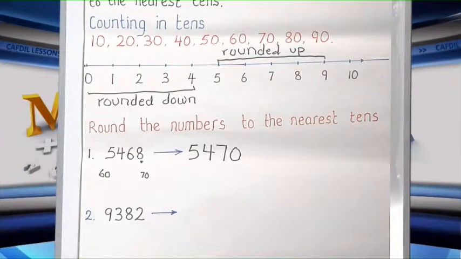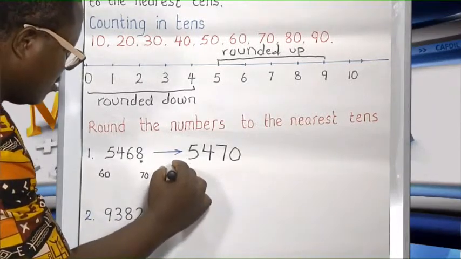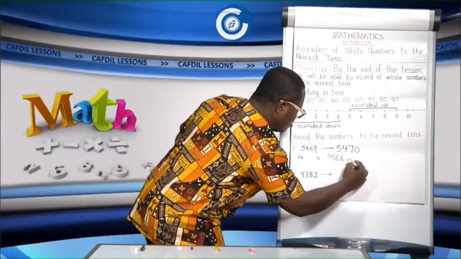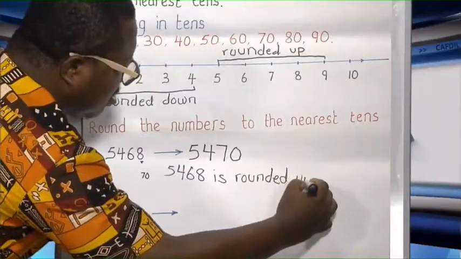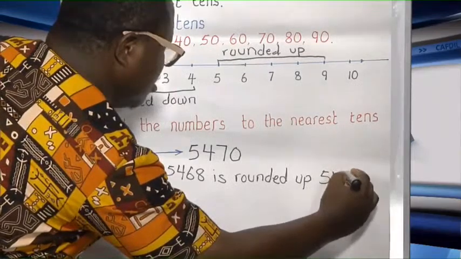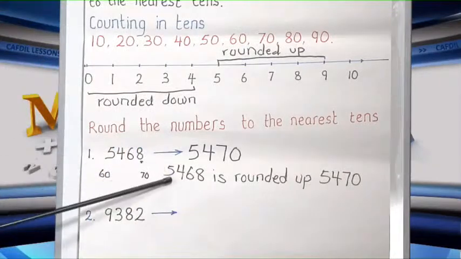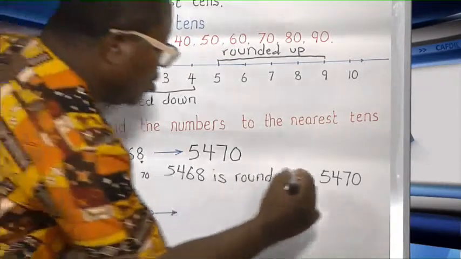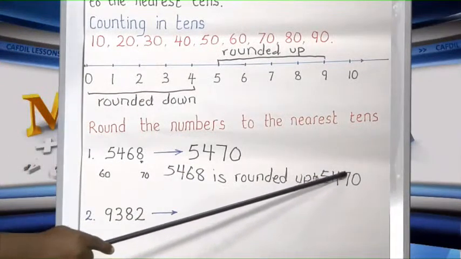So in this case, we can say that 5,468 is rounded up to 5,470.